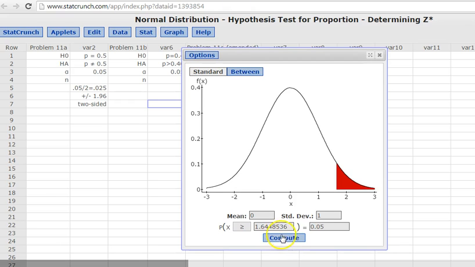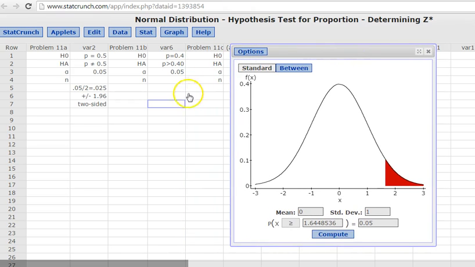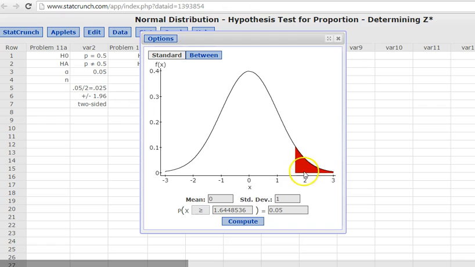And we get a critical z-value of 1.64. So we'll just put that in. It's plus 1.64. We are looking at the right side, the positive side of the normal distribution curve.